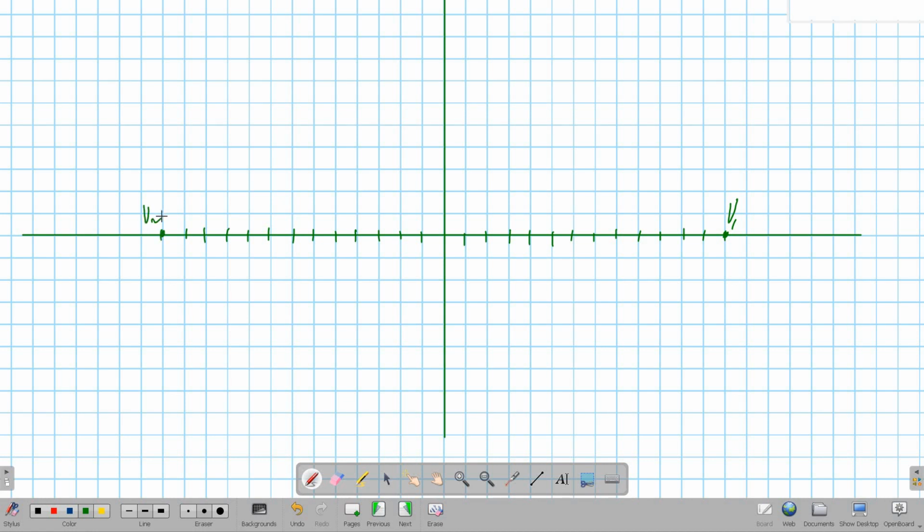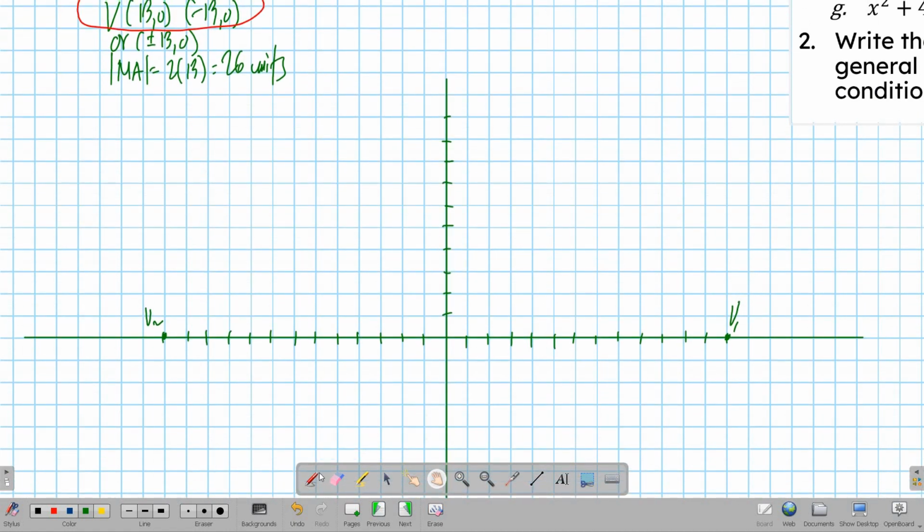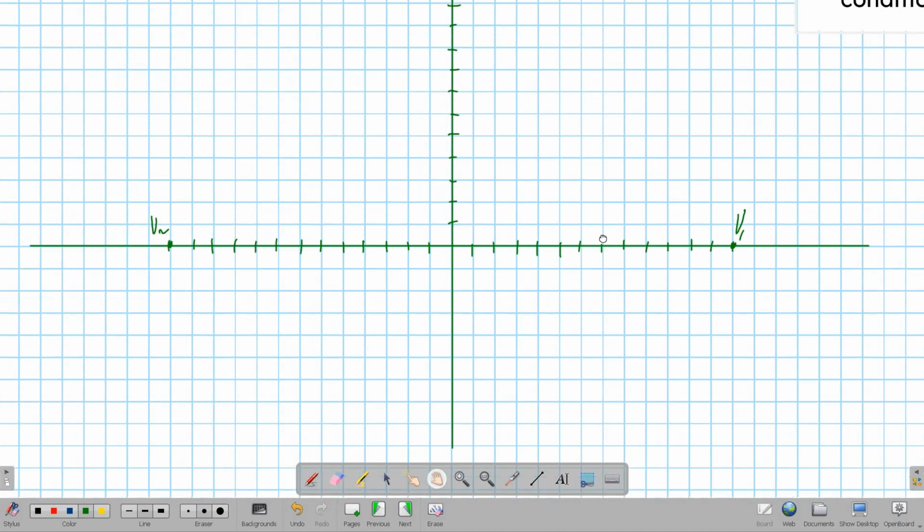For the co-vertices, it's 12. So it's 1, 2, 3, 4, 5, 6, 7, 8, 9, 10. It doesn't reach 10, 11, and 12. So we would need to extend our screen. There we go. While down below, let's see if it will reach.